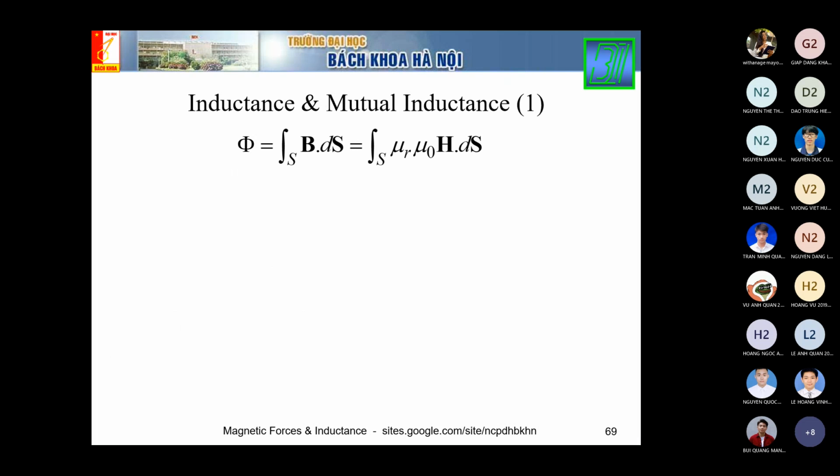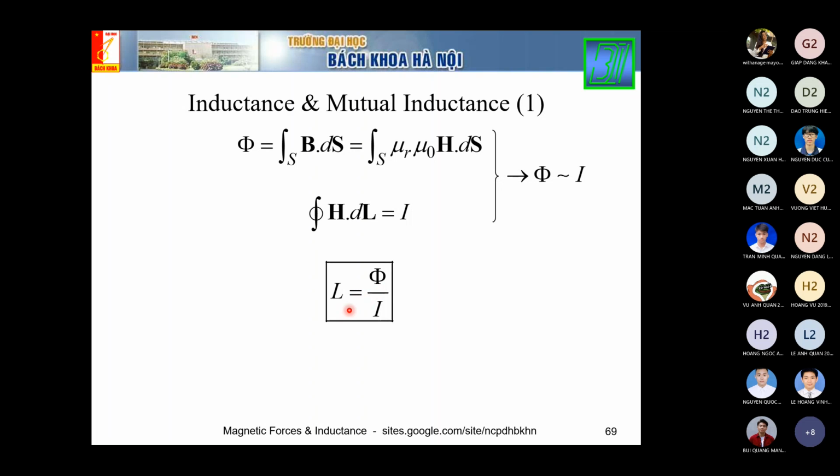So this is a magnetic flux. We knew this, and this one is Ampere's law. If you compare this one and this one, you can see that the magnetic flux is proportional to the current. And so we can define the inductance of a coil like this.